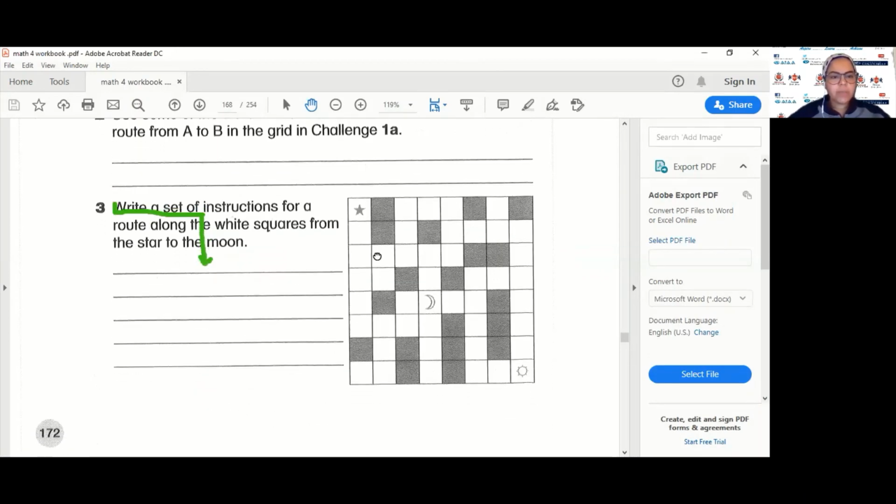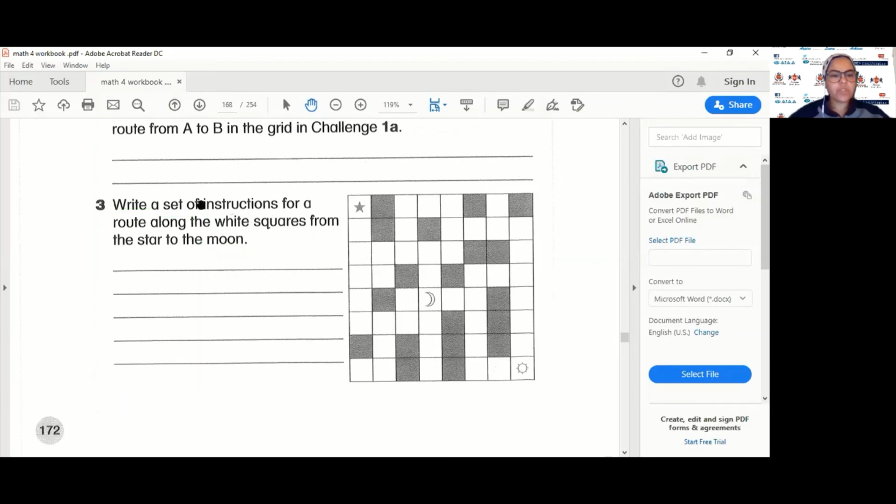So in question number 3, he wants to write a set of instructions from A, okay, route along the white squares from the star to the moon. Okay, so he wants you to move from the star to the moon, okay, through the white squares.